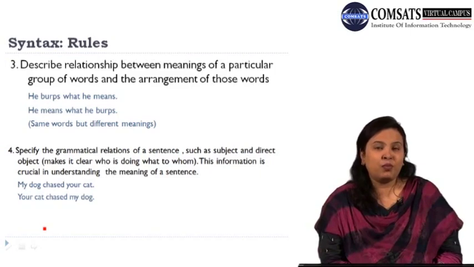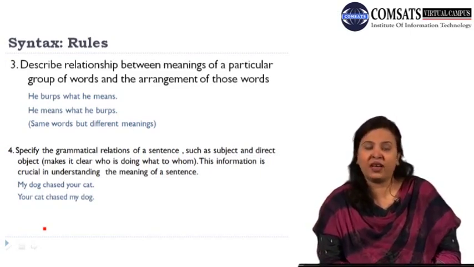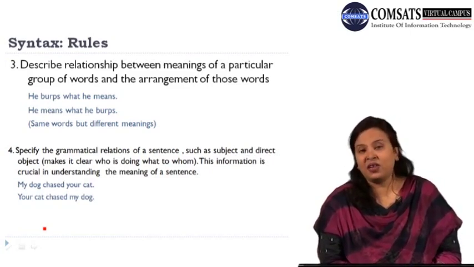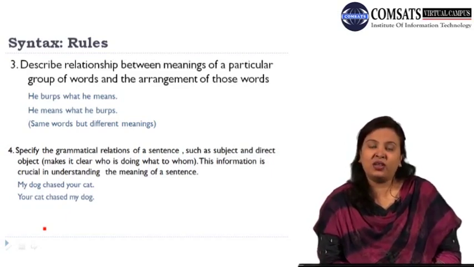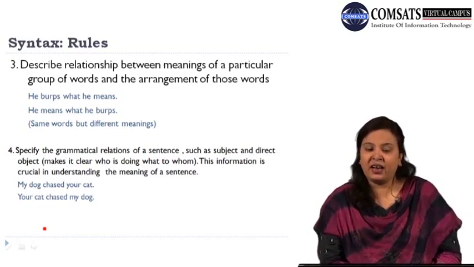The subject position tells us that whatever is at the subject place is the doer of the action. Whatever is the object of the sentence is receiving that action. So by knowing these different places, we can get the meaningful data. This information is crucial in understanding the meanings of a sentence.